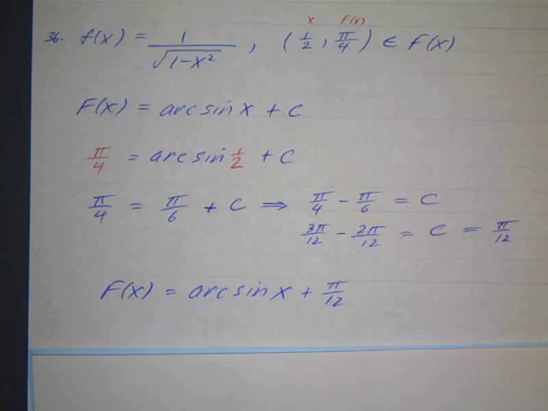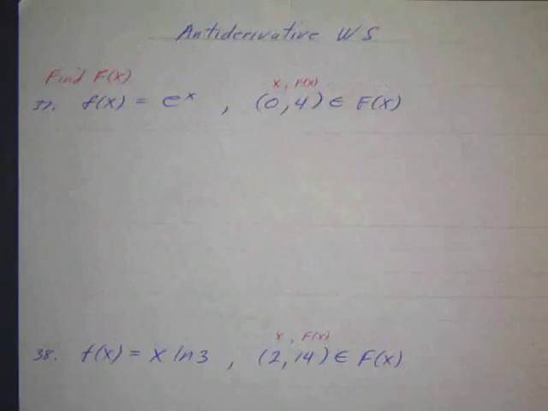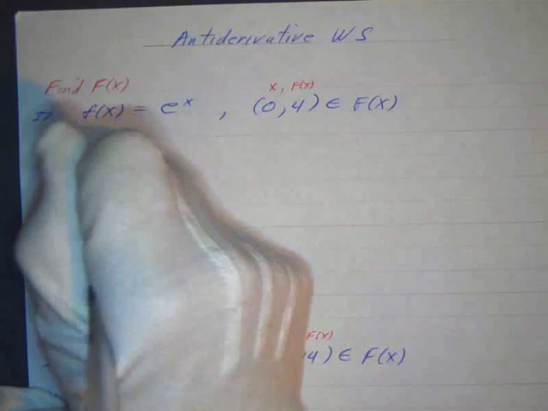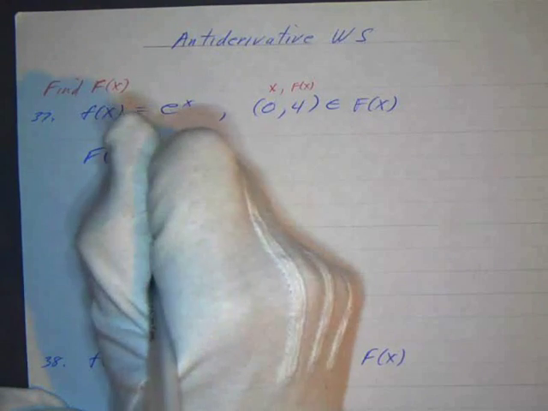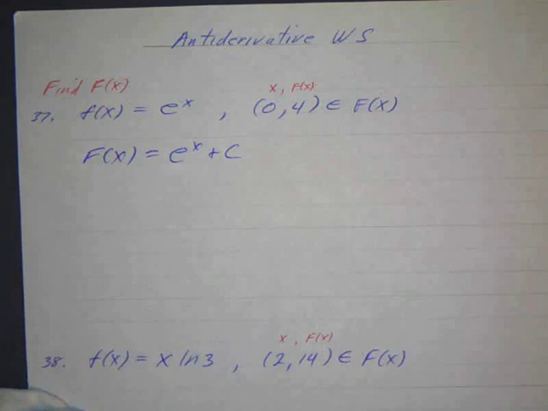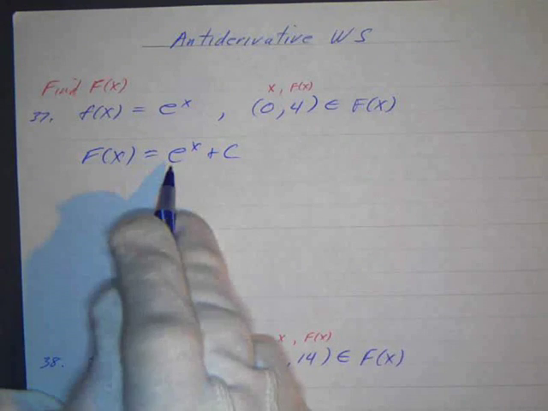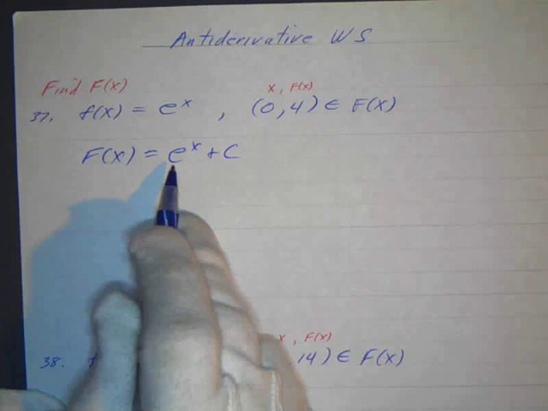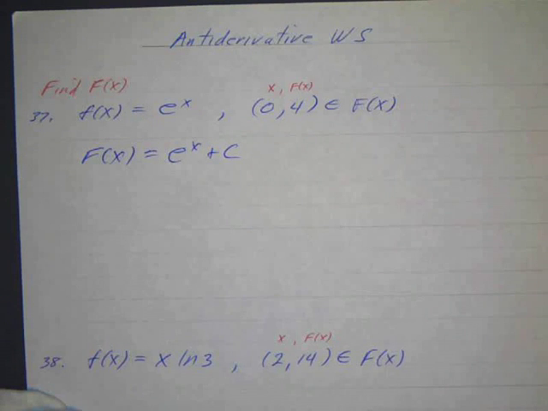Okay. And then number 37. Well, this is our good old e to the x, and we know the antiderivative of e to the x is just e to the x plus c, whatever c is. And of course, if we take the derivative of the antiderivative, we get the function.